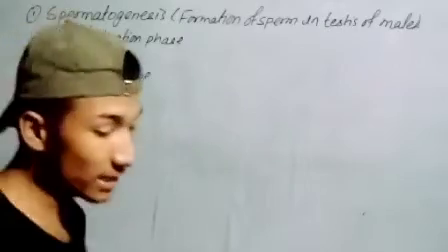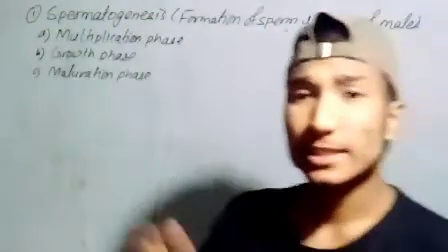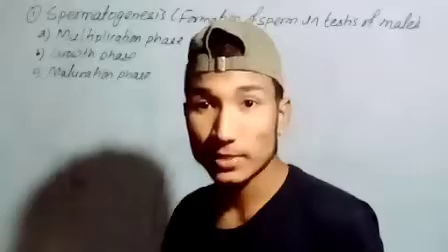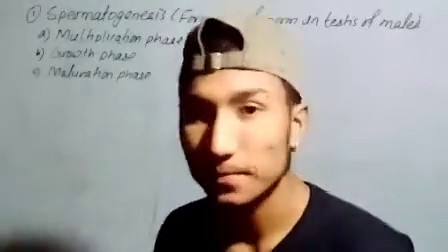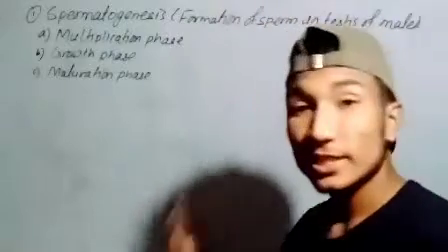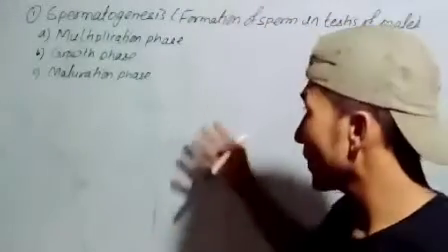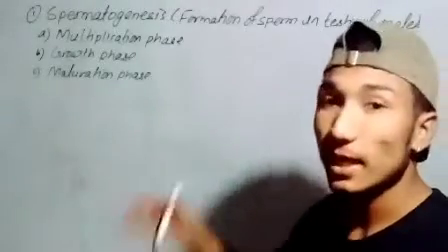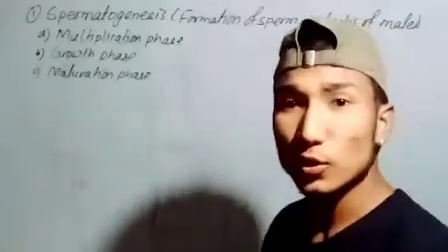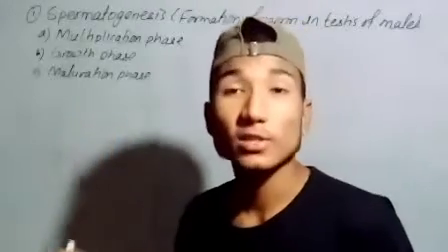The spermatogenesis process takes place in three phases, and similarly in the ovaries, in oogenesis, there are also three phases: the multiplication phase, the growth phase and the maturation phase, which are present in the formation of ova.